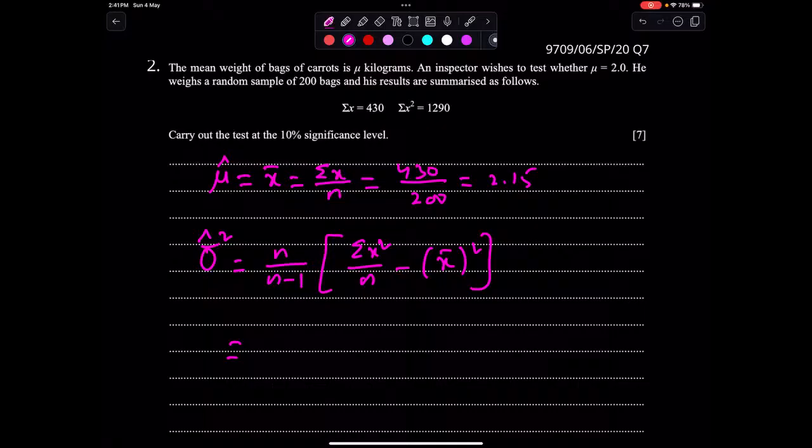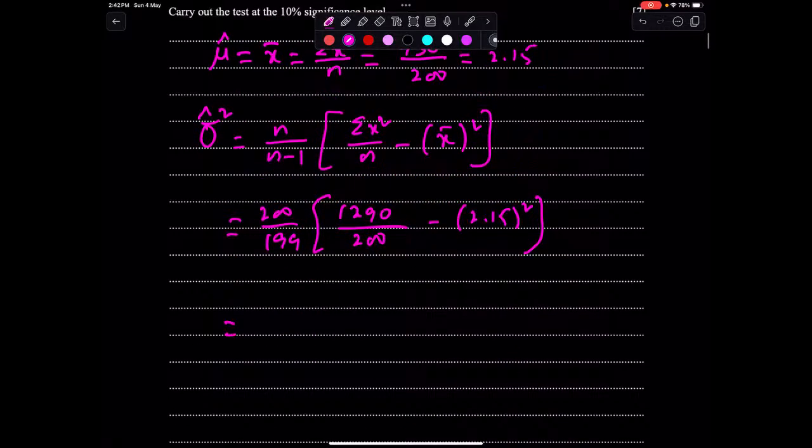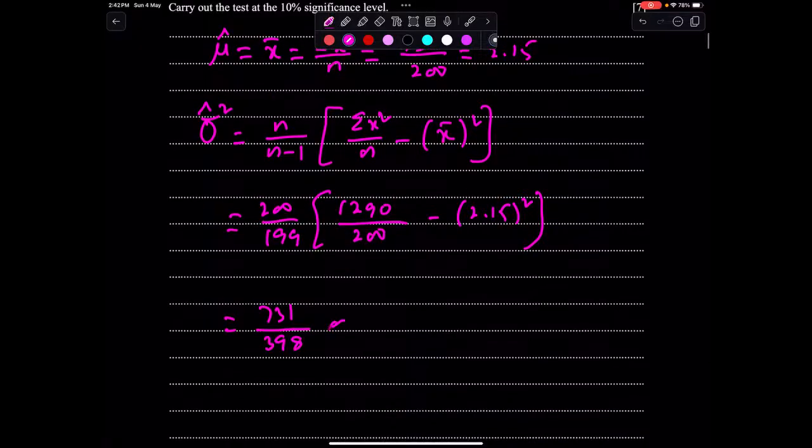So this is 200 upon 199 1290 over 200 minus 2.15 square. So this is 731 over 398. Write the exact value of this. If it's in decimal, then write the complete value.